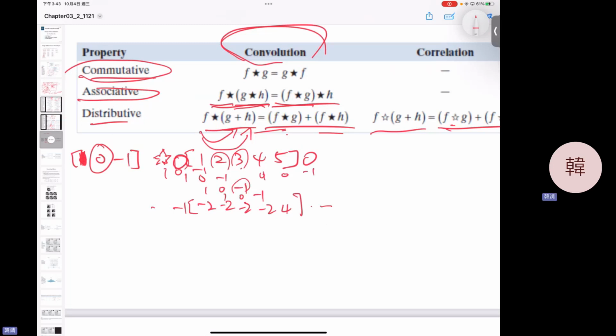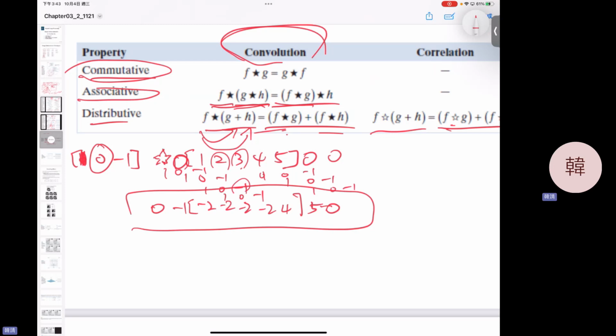1, 0, -1 gives 4, and this one with 1, 0, -1 gives 5. And then here, if you pad every number to be 0, this is the complete result. So this is W correlated with A. Now please do what?